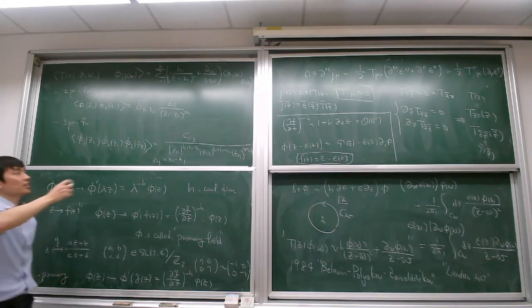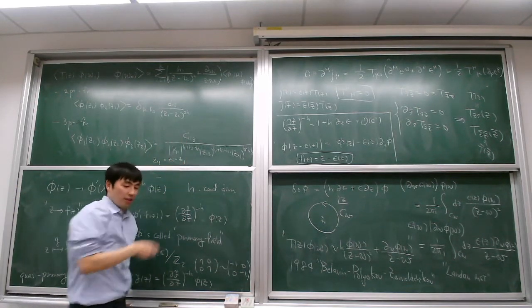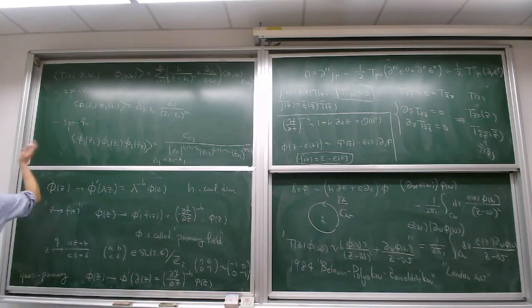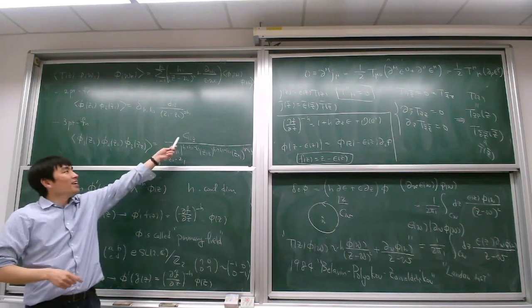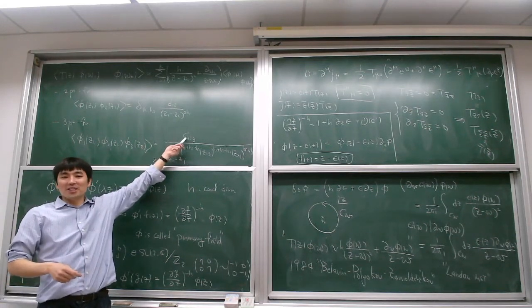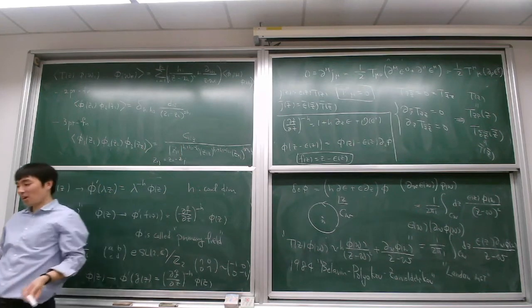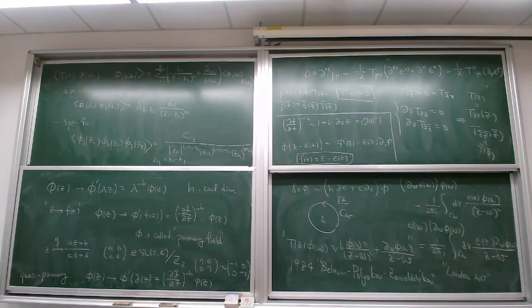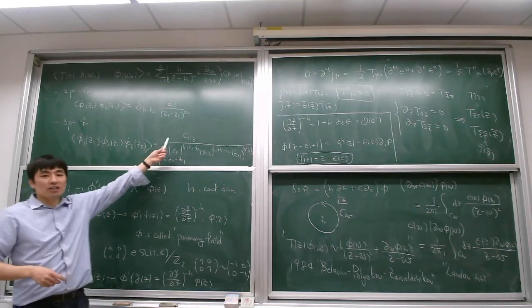But these C and D are really particular to the choice of primary field and the choice of the conformal field theory. And there are a lot of open problems. To determine C is not that easy. For some rational conformal field theories and some CFTs you can do that, but in general it's hard to determine.